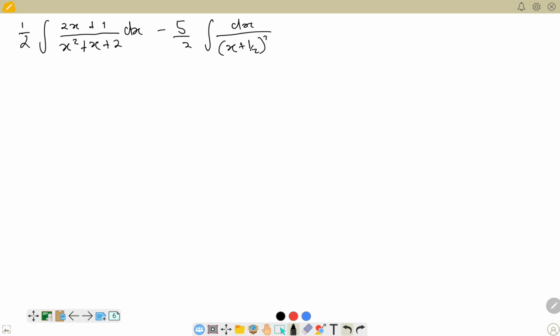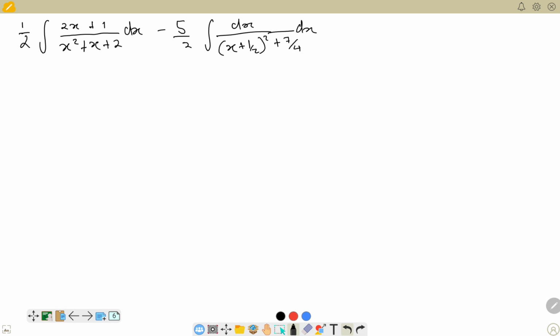So we had 1 over 2 integral of (2x + 1) over (x squared + x + 2) dx minus 5 over 2 into dx. Then this side, we said that we can complete the square, then it can be like this.